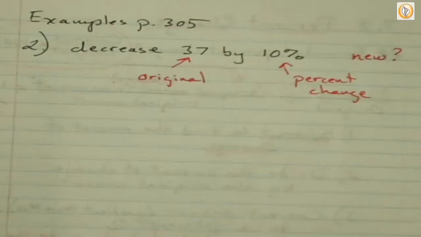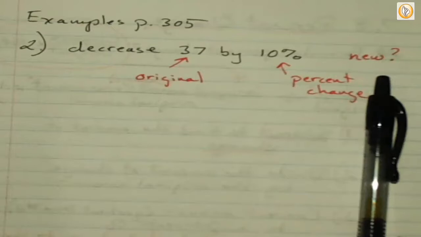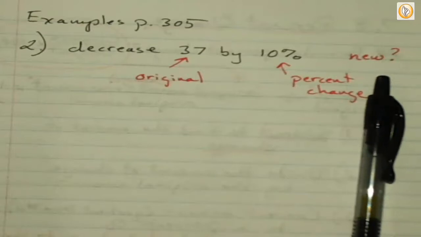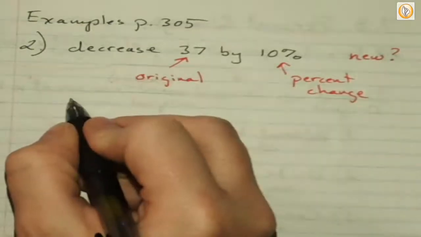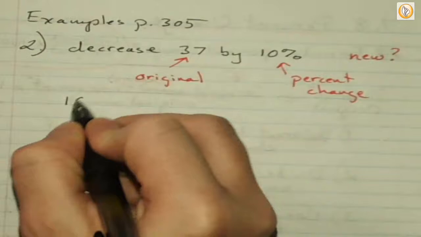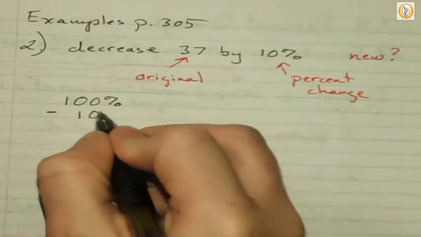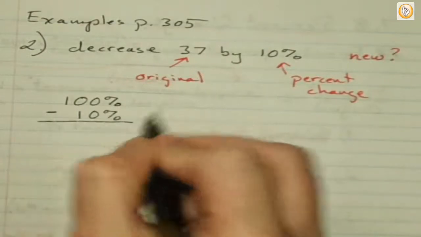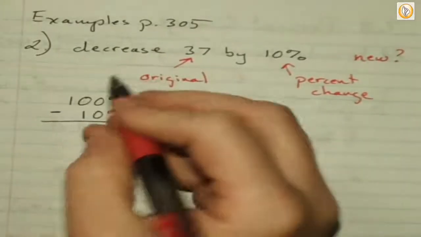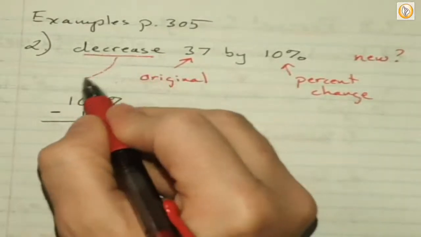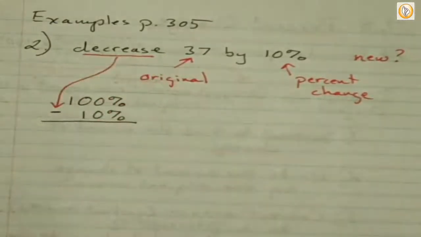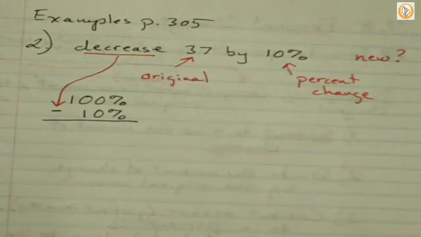So to find the new amount, because when we're dealing with percent, we do 100% minus 10%. And we're choosing a minus because it says decrease.